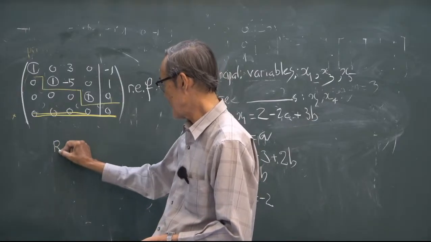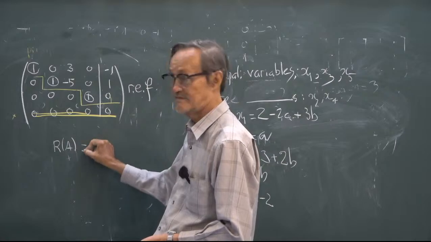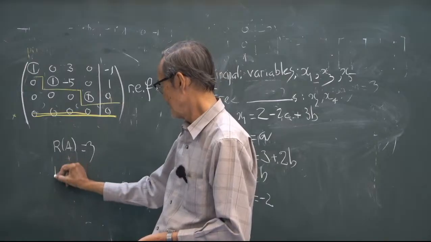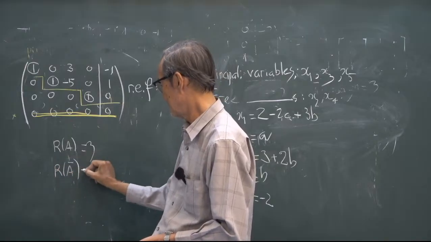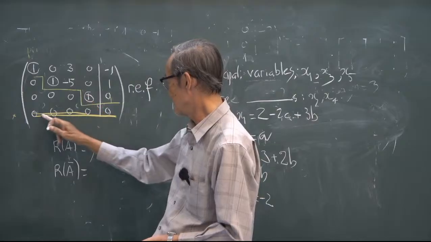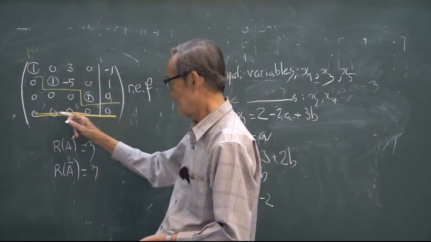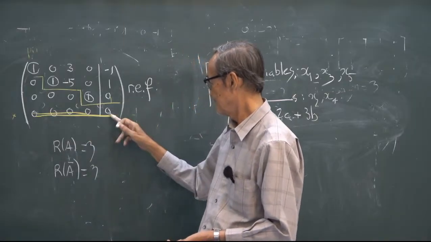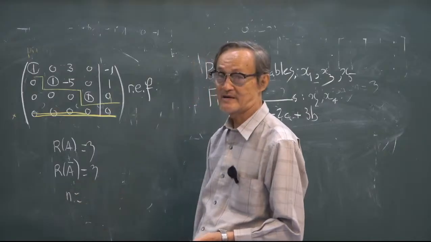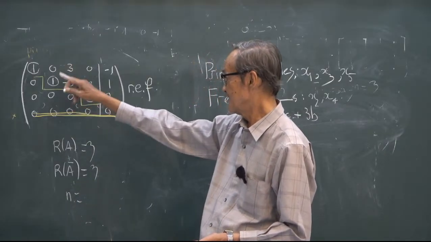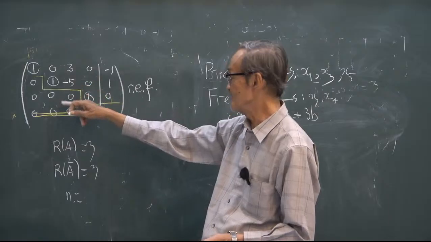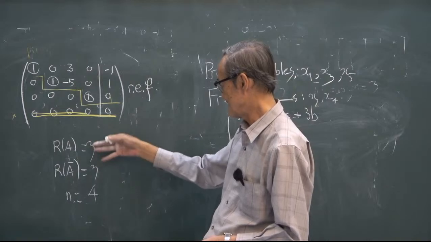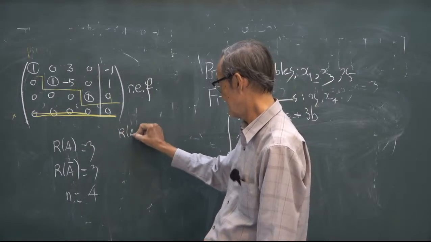So rank A is 3: 1, 2, 3, left-hand side. Rank A upper bar is 3: 1, 2, 3, left-hand side, and augmented to the right. And the number of columns: column 1, x1, 2, x2, 3, 4. Compare these values.